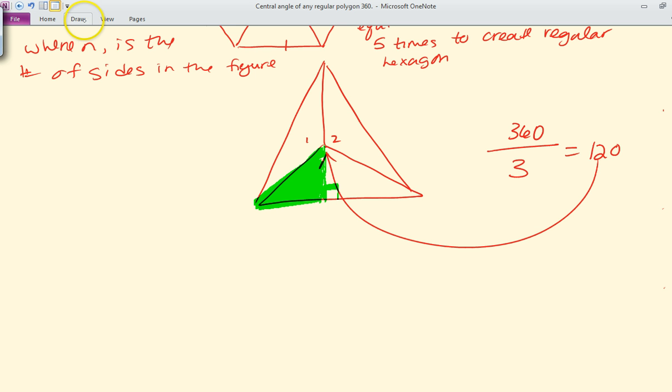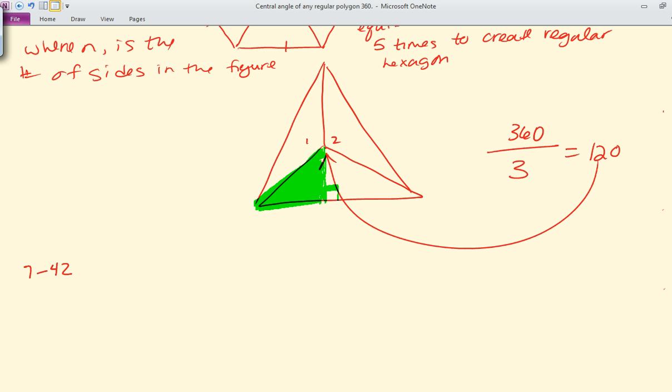Question 7-42 asks you to examine the regular octagon and find theta.